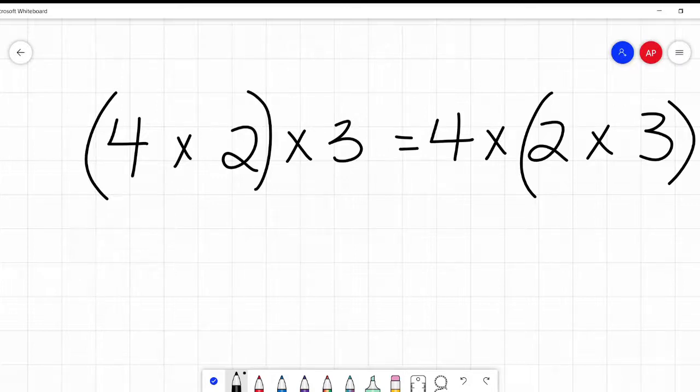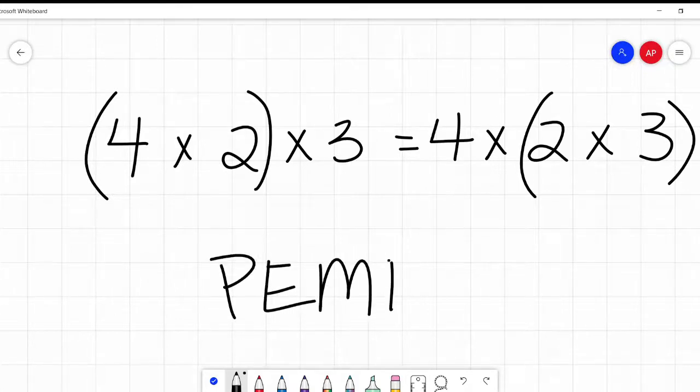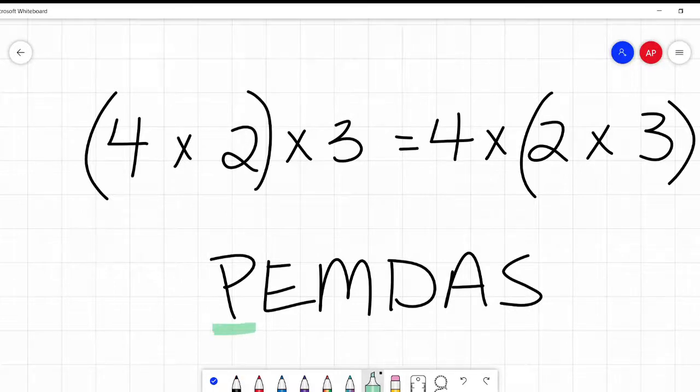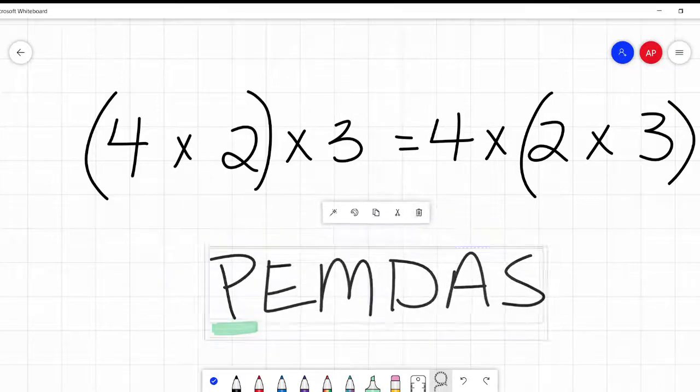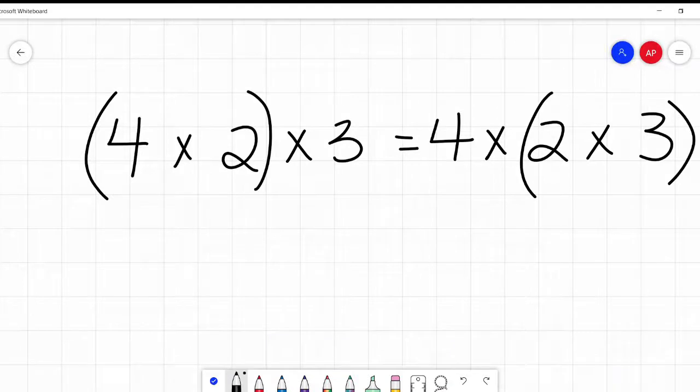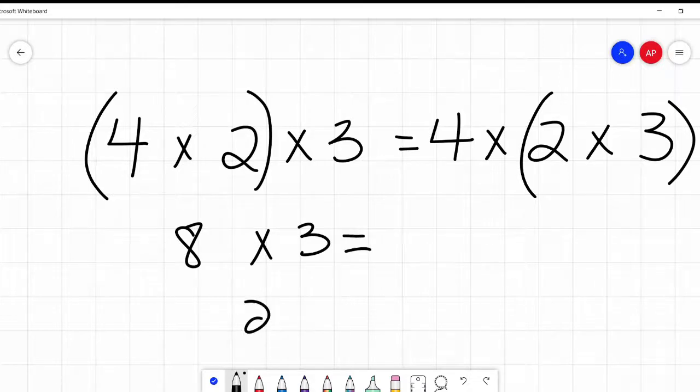On order of operations, you'll usually see this written as PEMDAS. And so the very first one here, P stands for parentheses. We always do the parentheses first. So let's do that first. Over here we have 4 times 2 is 8 times 3, or 24.